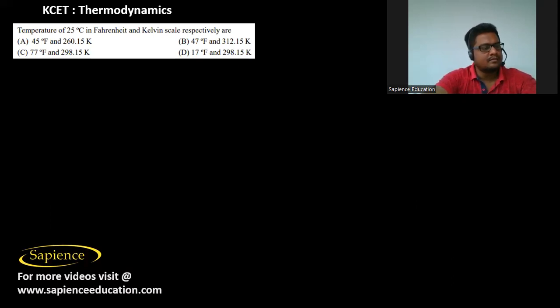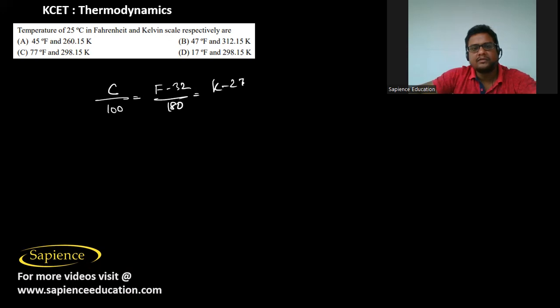Then here it is told the temperature of 25 degrees Celsius in Fahrenheit and Kelvin scale are respectively. So as we know, the rule is C by 100 equals F minus 32 by 180, which equals K minus 273 by 100.